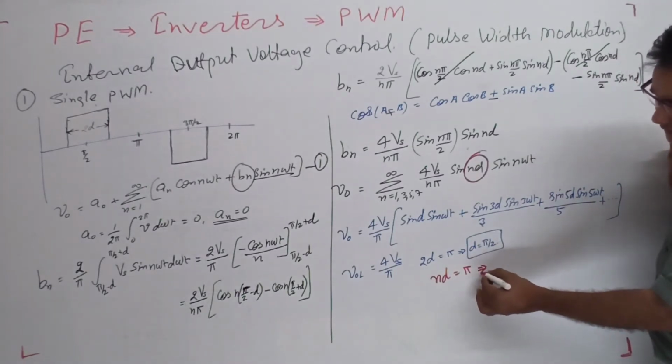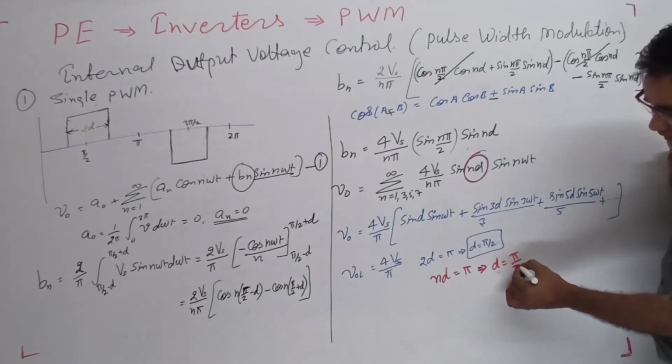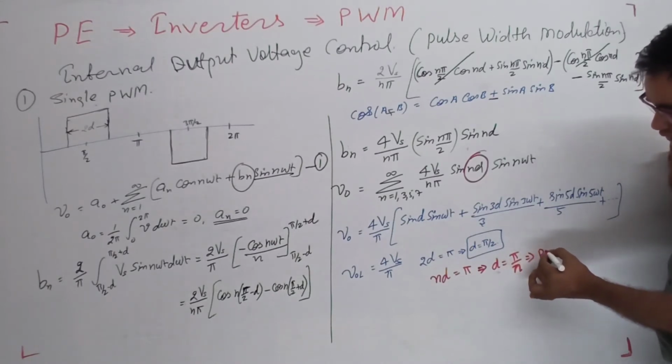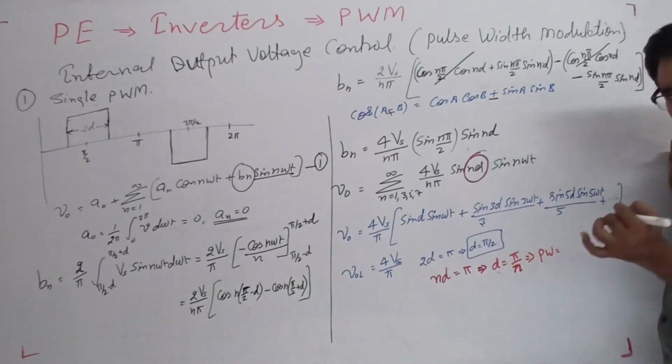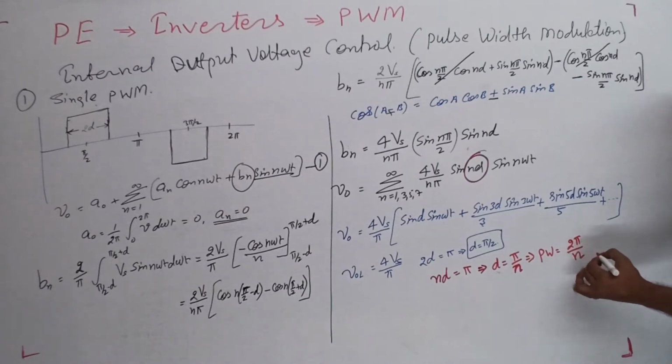So d is equal to pi by n. The pulse width is not d, it is 2d, so the pulse width is 2 pi by n.